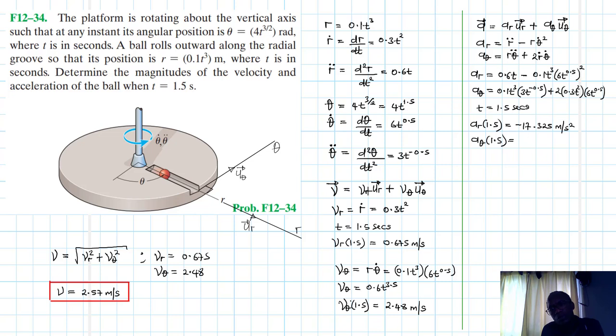So we have 0.3 by 1.5 to the power 2.5 plus 2 by 0.3 by 6 by 1.5 to the power 2.5.